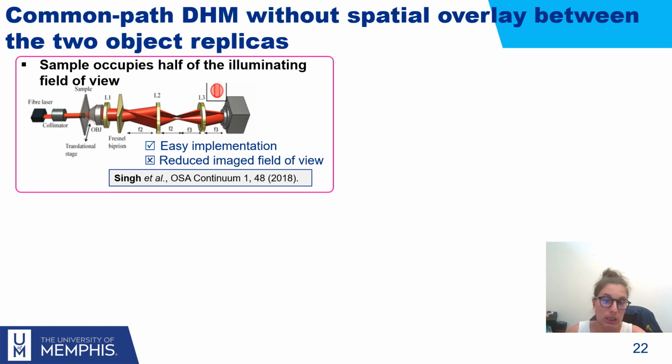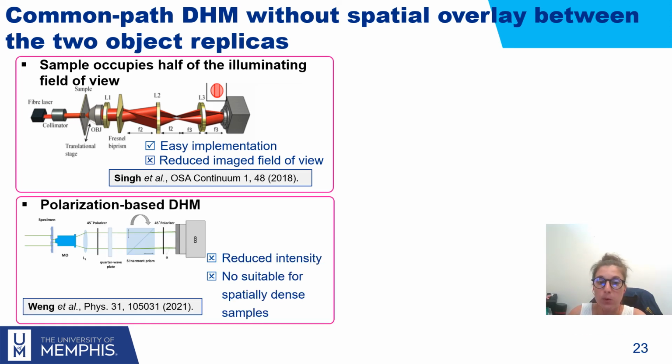My system is what it is, and I know that there is an overlay, but I'm going to put my sample occupying only half of the illuminating field of view, so the other half is going to be the reference wave, and in that way I don't have any overlay. That's good, it's an easy implementation, but what is happening is that you are restricting your image field of view. So usually if you want to screen a large field of view, that's not suitable at all.